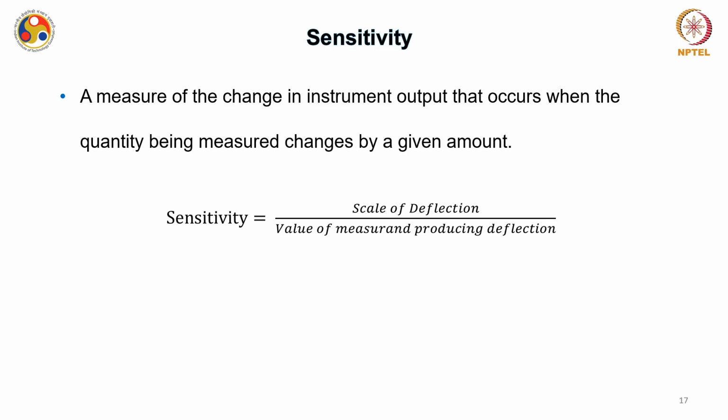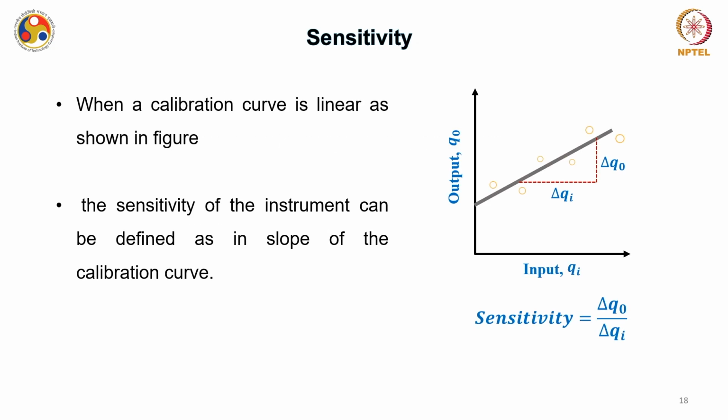Mathematically, it can be found by dividing the scale deflection by the value of the measurement producing the deflection. So, when a calibration curve is linear, as you can see here, the sensitivity of the instrument can be defined as the slope of the calibration curve.